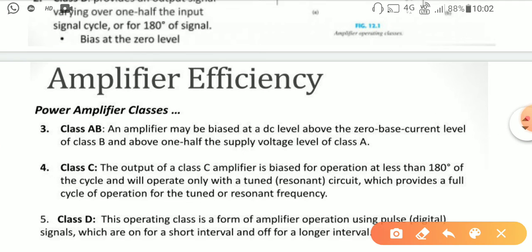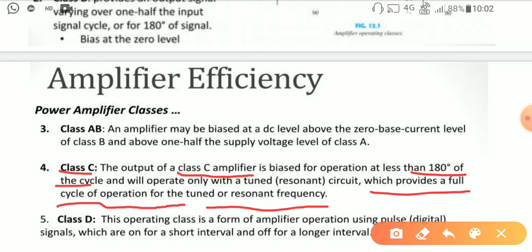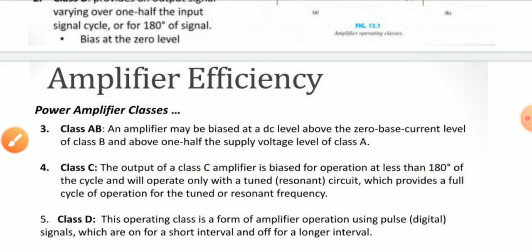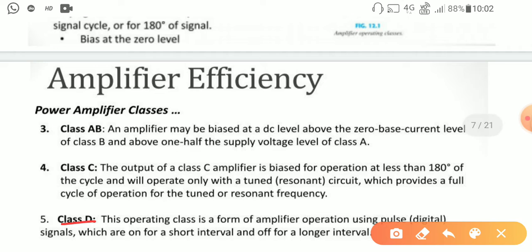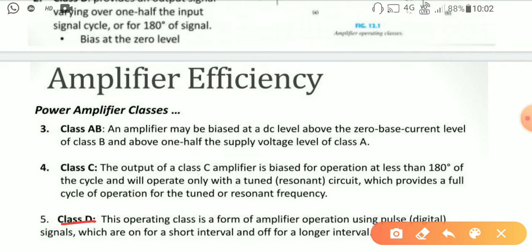For the class C amplifier, the output of a class C amplifier is a burst, for operation at less than 180 degrees of the cycle, and it operates only with a tuned circuit which provides a few cycles of operation for the tuned or resonant frequency. And for a class D type of amplifier, what happens?